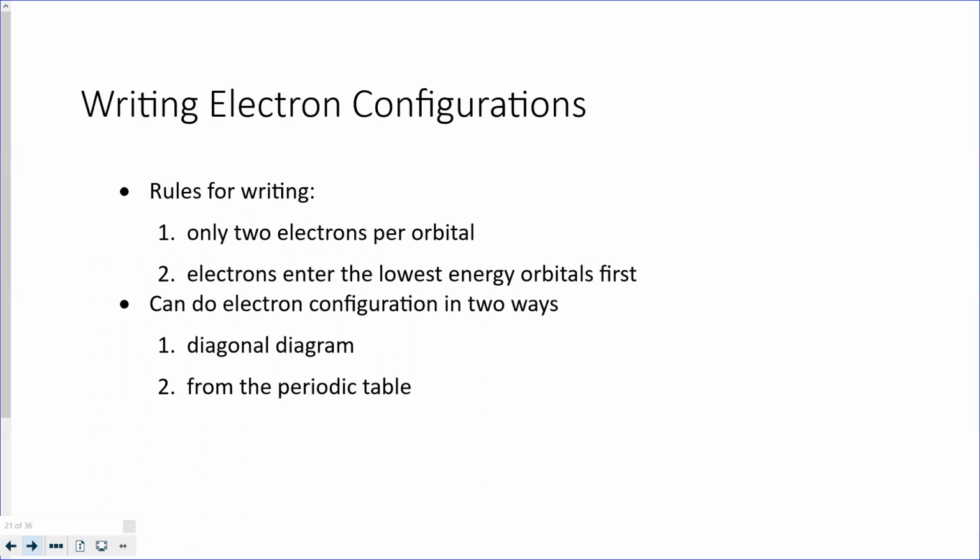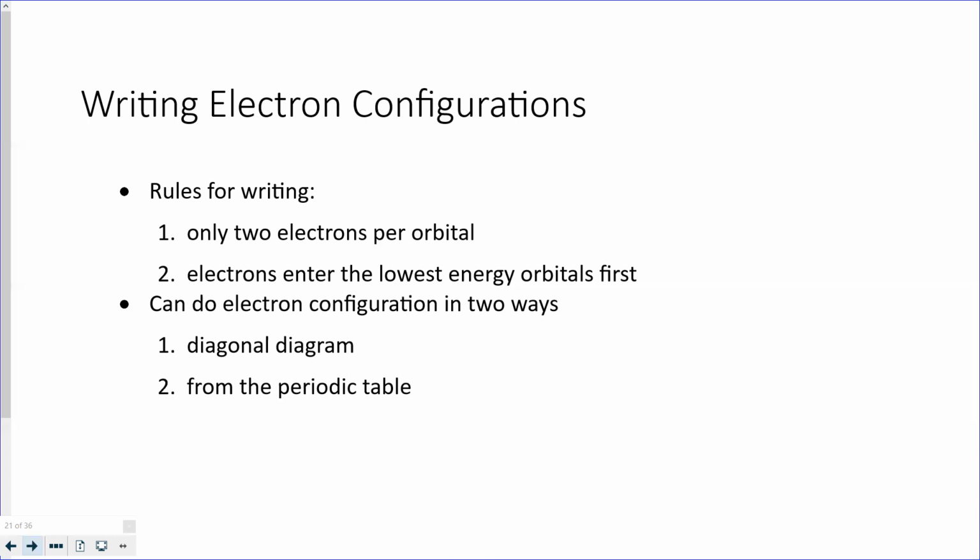So you can write electron configurations using 2 different methods. The first one is using a diagonal diagram. This is probably the more popular way that we've had students write these in the past. It's pretty simple and straightforward to follow, but you have to be able to draw a diagonal in order to be able to use it.